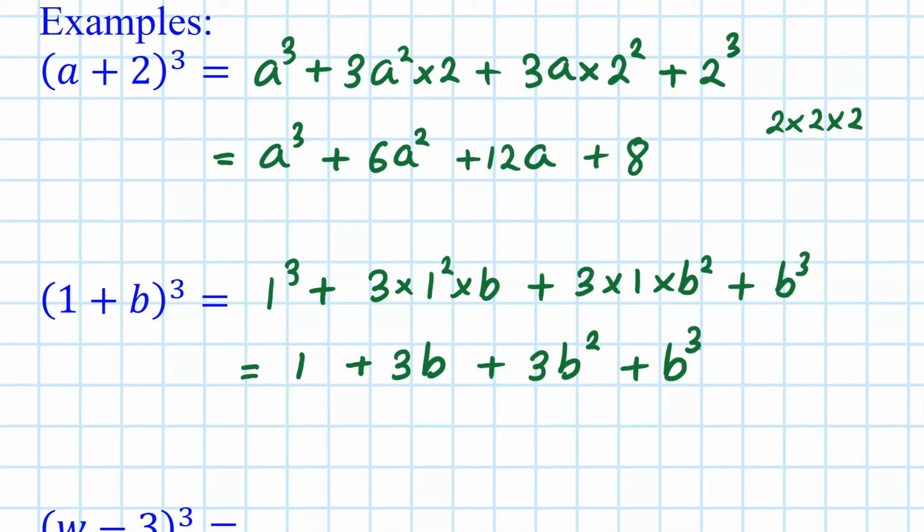Also notice the power of b is increasing here, b to the power 1, b to the power 2, b to the power 3, and we can discuss this one in Pascal's triangle as well later. There's a nice connection between these powers of x and y.